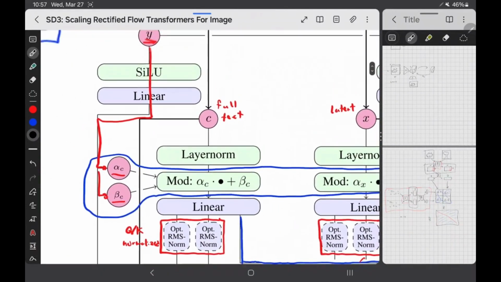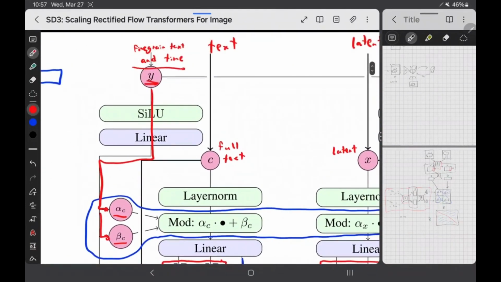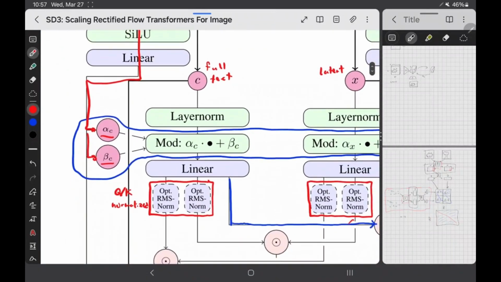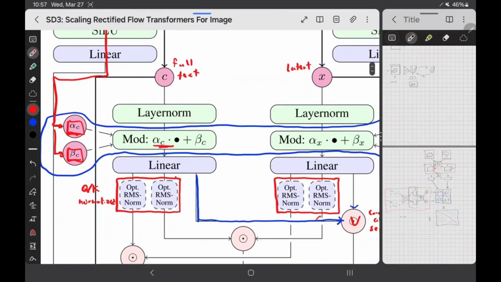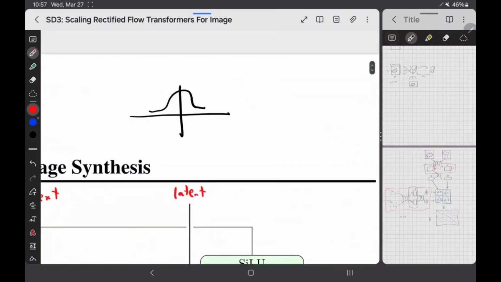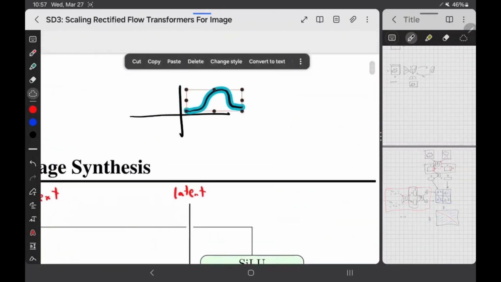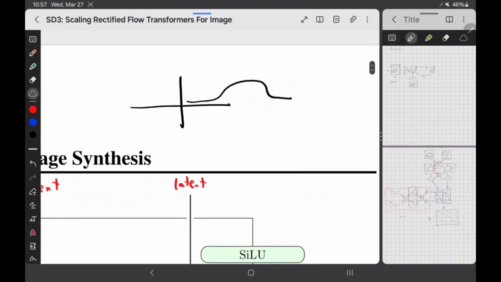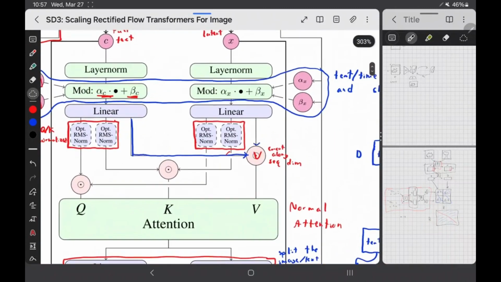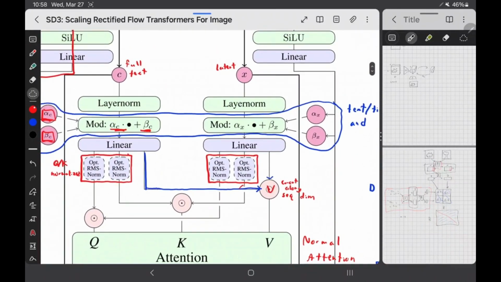So we change the statistics using this text and time information. We project it twice, once for alpha and once for beta. And alpha basically changes the variance and beta changes the mean. So it shifts the distribution by beta and scales it by alpha. And this is just the distribution representing the pixel values, well, rather the pixel values and the text values. So you do that for both.